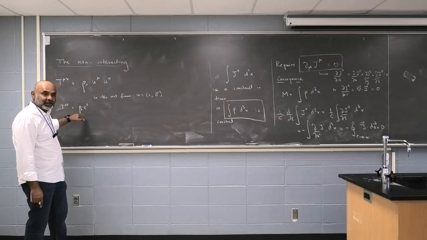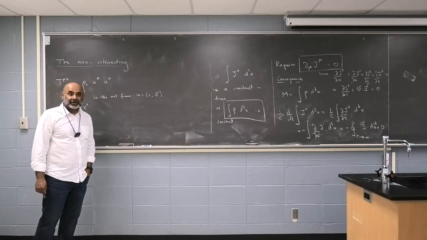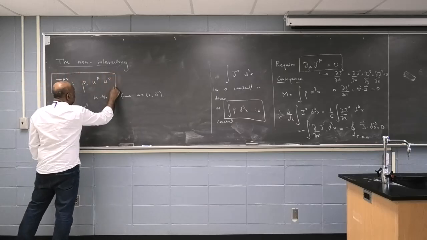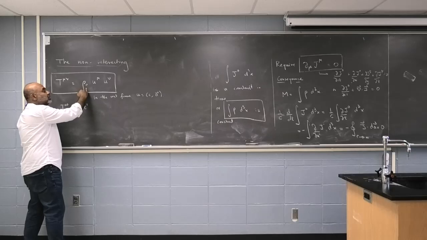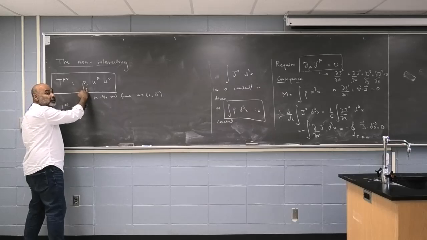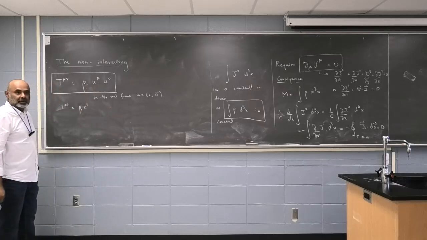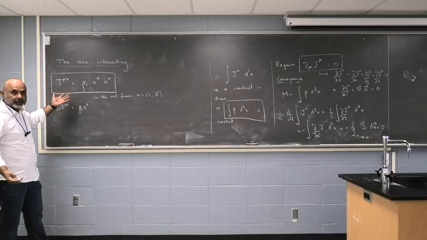So there's a good chance of this being a divergence-free tensor. It is a tensor. Rest mass density is a scalar because it's rest mass. These are 4-vectors. So this will transform exactly like a tensor.